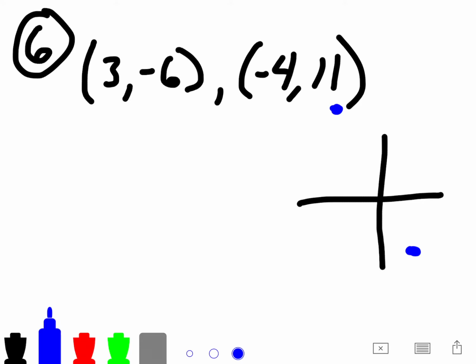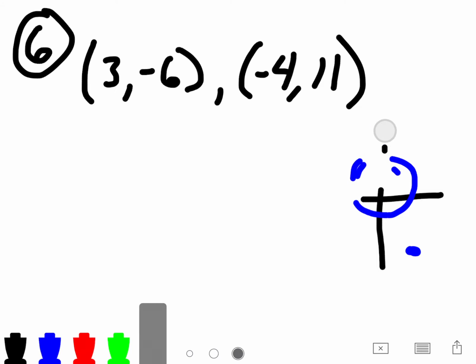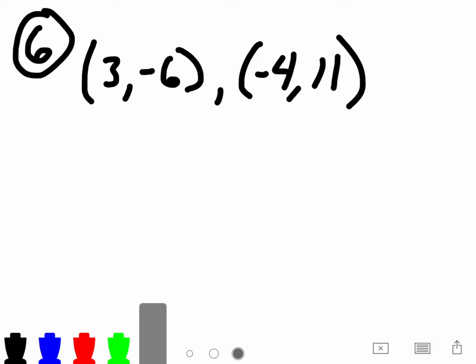And so our midpoint should be something that's not too big, not too small. It's going to be somewhere in this area, right? It's about halfway in between. So let's do our calculations to find out exactly where it is. We're going to do the math and then compare it with where we thought it would be.